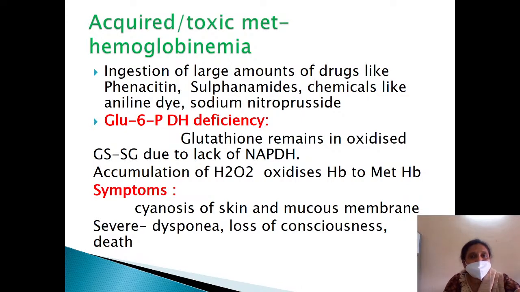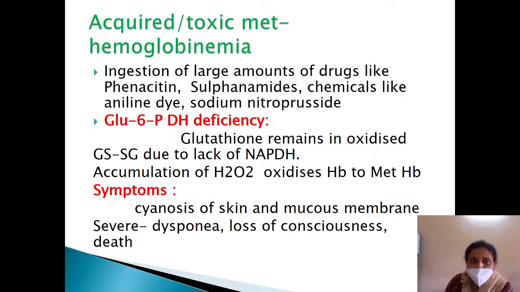The second one is acquired or toxic methemoglobinemia. Acquired toxic methemoglobinemia may be due to ingestion of large amounts of drugs like phenacetin, sulfonamides, and chemicals like aniline, disodium nitrochloride, by accidental ingestion of these drugs. These toxic substances may lead to high methemoglobinemia.